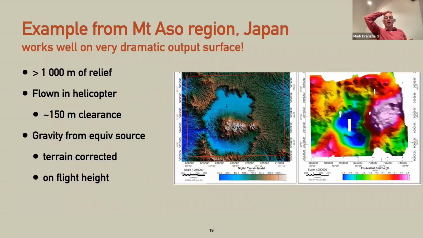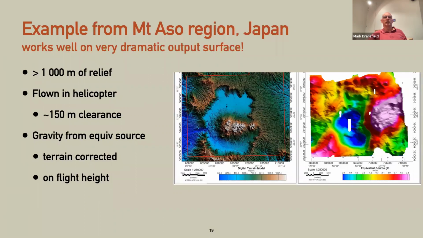It works pretty well, even on very dramatic output surfaces. This is not an example of merging two data sets together, but it is an example of using equivalent source to calculate different components. So starting off with the GNE and GUV data and using that to calculate the gravity on a surface.